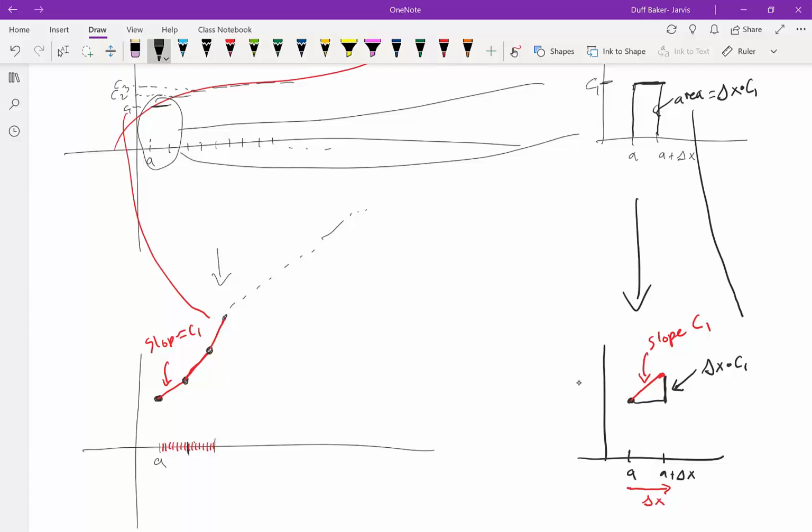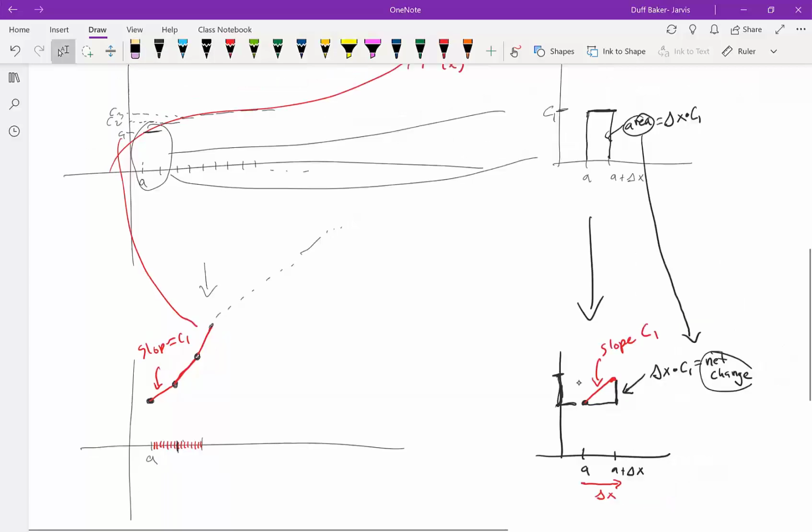So it's saying the area in one of these little rectangles goes to what we'll call the net change, or how much the function rose, right? So the function went up from whatever this height is to whatever this height. And that net rise, that net change, is exactly the same as the area under the original.